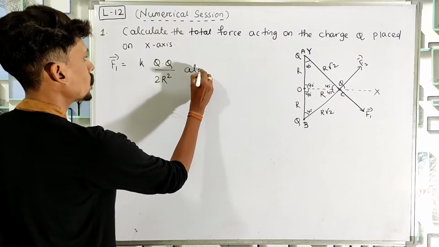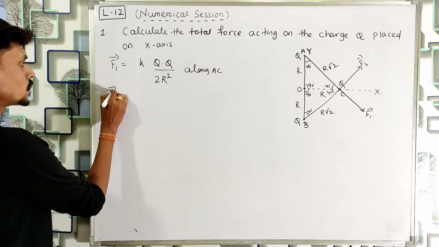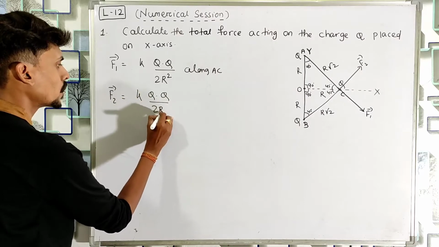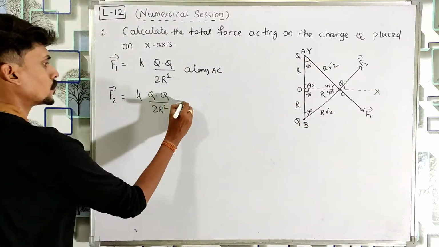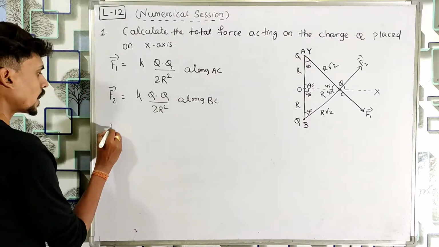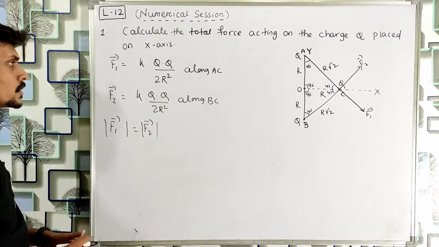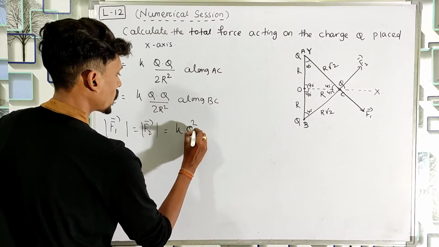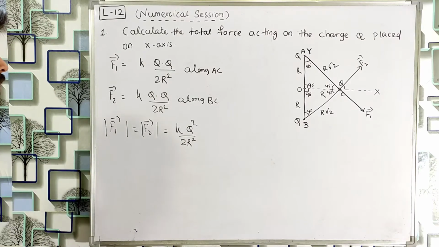The F2 vector will be k Q square by 2R square, and the direction of F2 will be along BC. So write along BC here. You can see that the F1 magnitude and F2 magnitude are equal. The magnitude of these two forces is the same, and it is k Q square divided by 2R square.